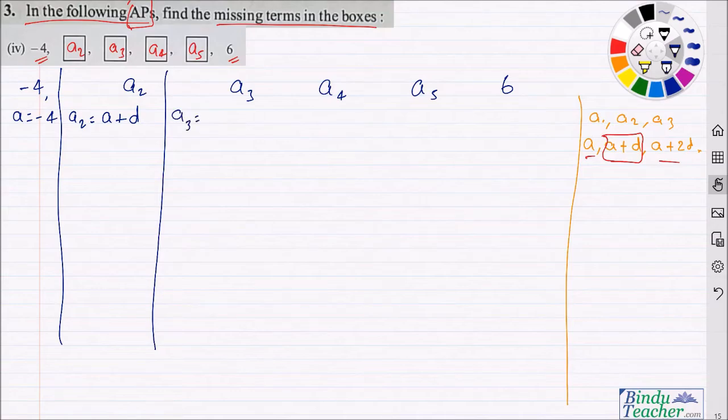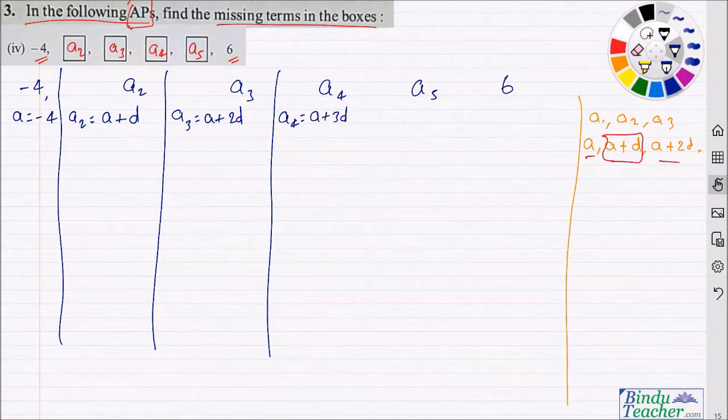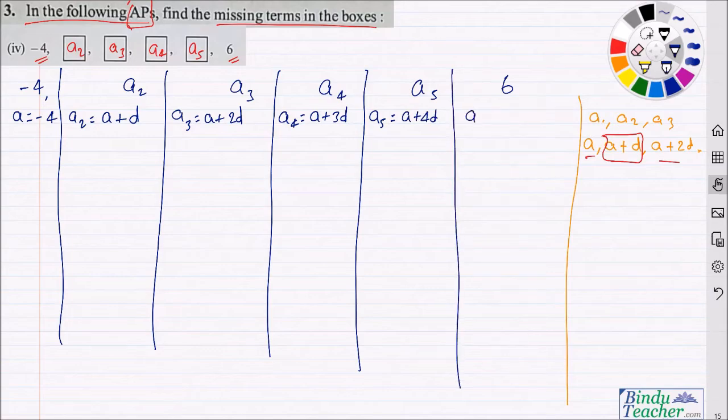A3 equals A plus 2D. A4 equals A plus 3D. A5 equals A plus 4D. Finally, A6 equals A plus 5D.